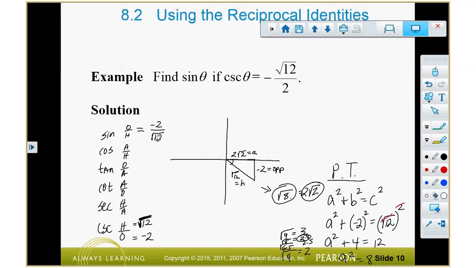What are you not supposed to have? A radical in the denominator. So that'd be negative 2 square root of 12 over 12, which is equal to negative square root of 12 over 6, which is equal to negative 2 square root of 3 over 6, which is equal to negative square root of 3 over 3.